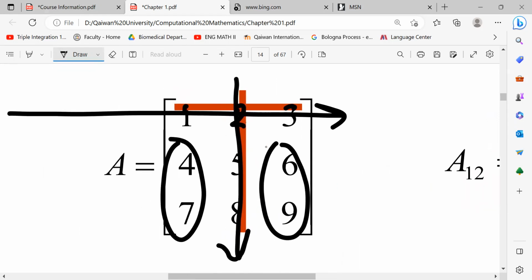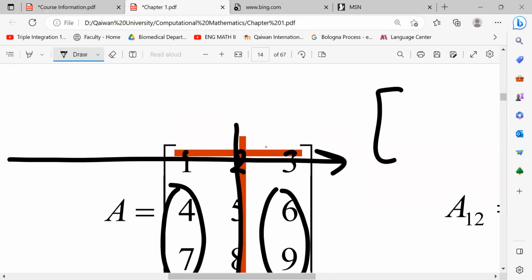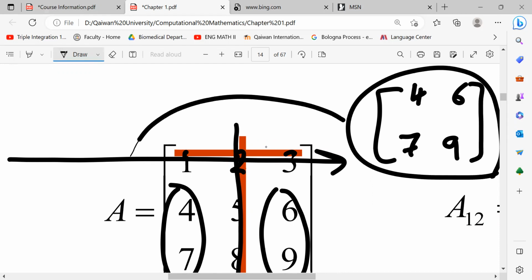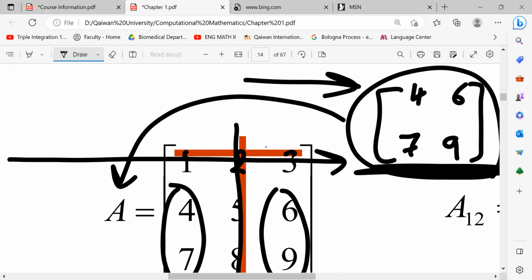So it is 4, 7, 6, 9. This is a submatrix of this matrix. This is a submatrix of matrix A. We could get this one from matrix A, so it is a submatrix of matrix A.